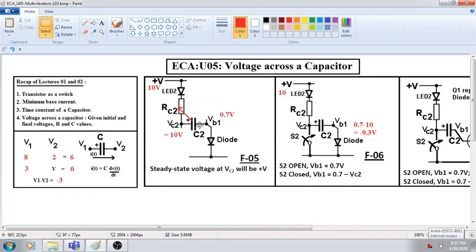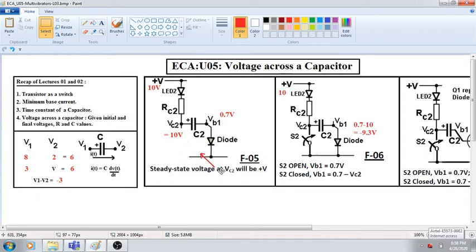Now look at this particular combination here. In this combination, let us try to find out what the voltages will be at the left side of the capacitor and on the right side of the capacitor when I connect a switch between this node and ground.